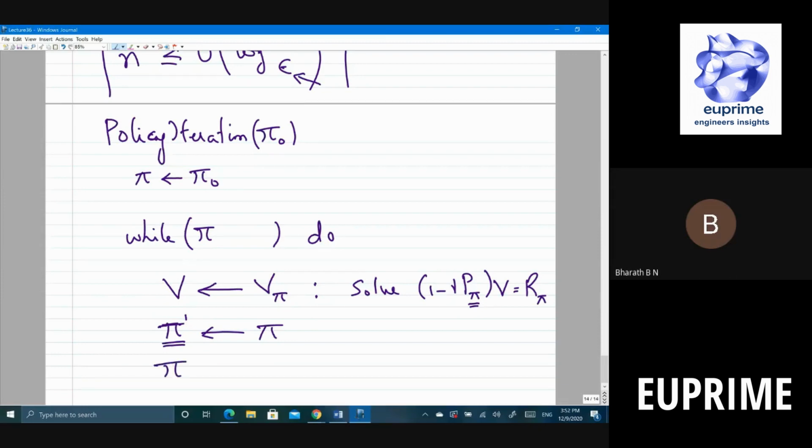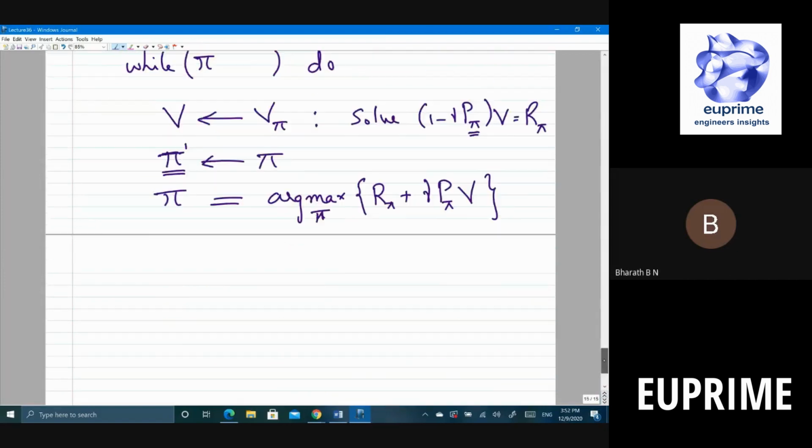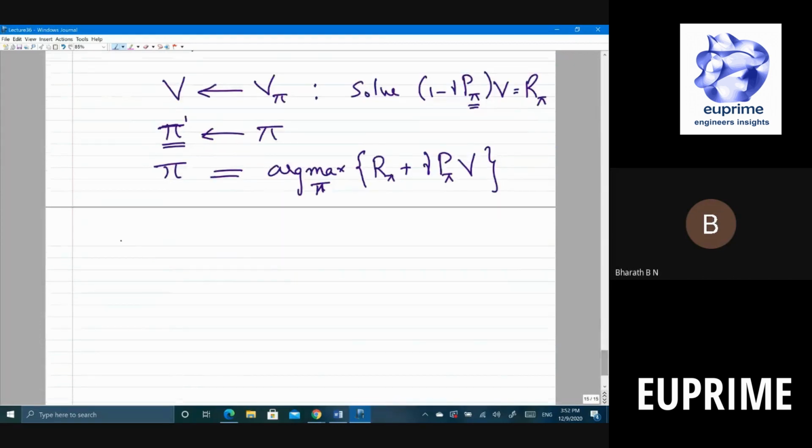The way you are going to update is you will pick a pi that maximizes the following: r pi plus mu times p pi times v, right? You have the previous value, and find the argmax.